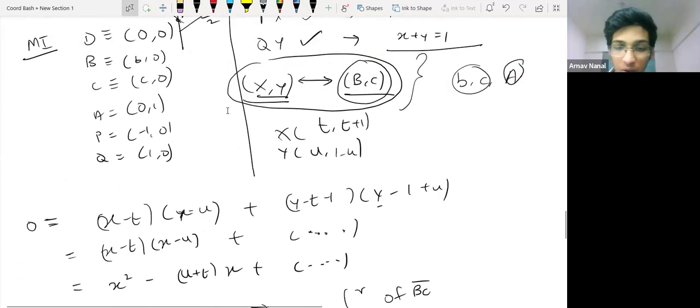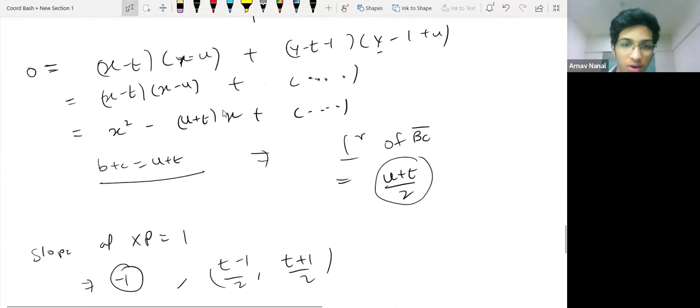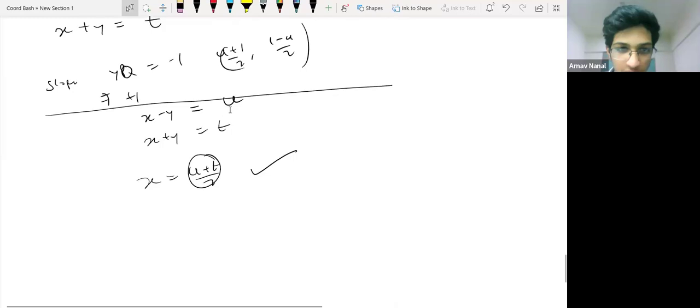Then you'd have to intersect AP with that and take the midpoint of that. It would not be tough, but it would not be clean. This is quite more clean. And then you need not calculate the actual values of B and C, you only need the sum of them. And this finish was just a finish. Okay, so this was a nice thing.